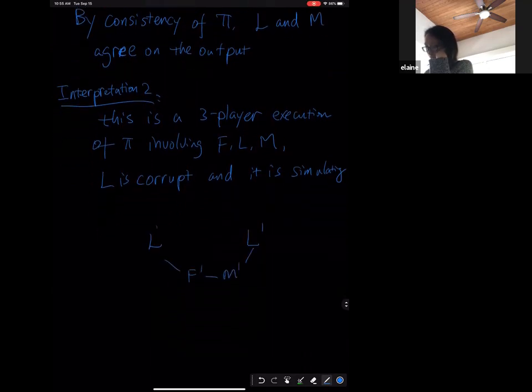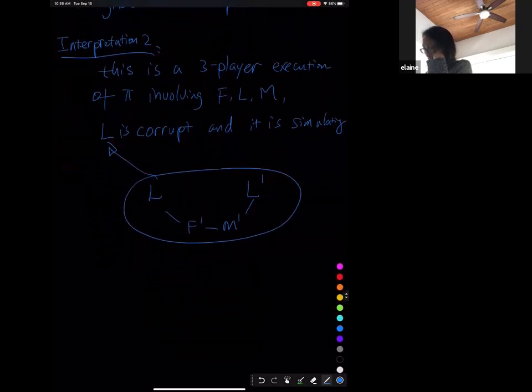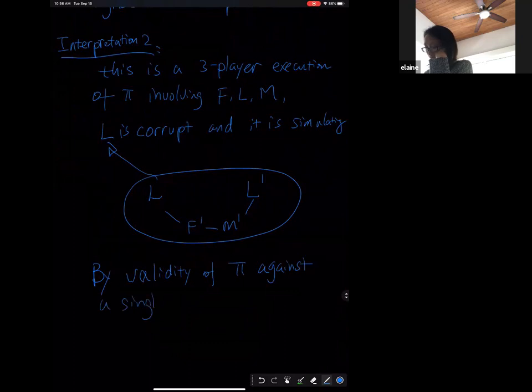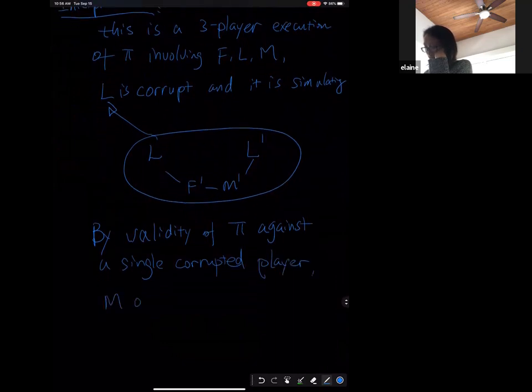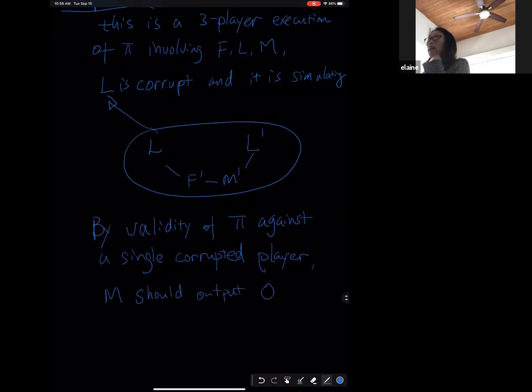So all of this is being simulated by L. Now, in this case, by validity of pi against a single corrupted player, M should output 0, which is F's input bit.